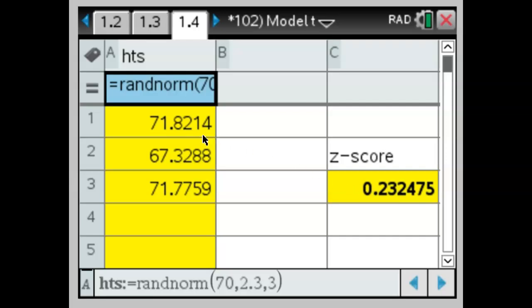So that's definitely something that's between -2 and +2. If I do this a couple times, I have one that was outside. A lot of these are inside; so far I've only had one, two outside.